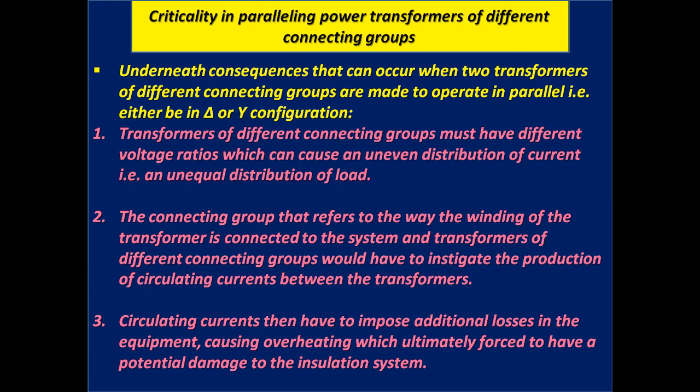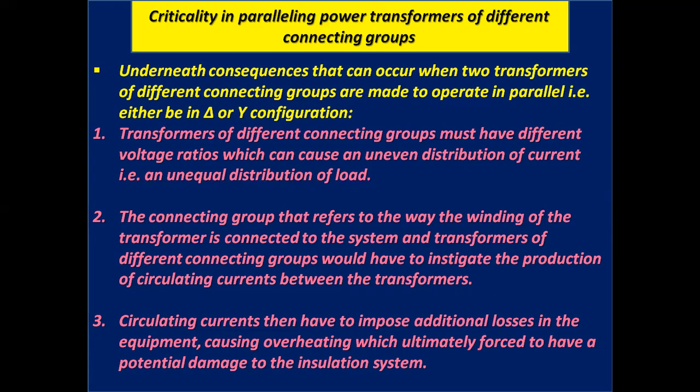Number one, transformers of different connecting groups may have different voltage ratios, which can cause an uneven distribution of current, that is, an unequal distribution of load. Number two, the connecting group refers to the way the winding of the transformer is connected to the system, and transformers of different connecting groups would instigate the production of circulating currents between the transformers.